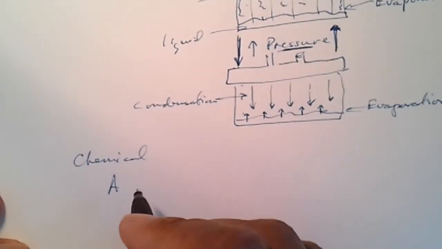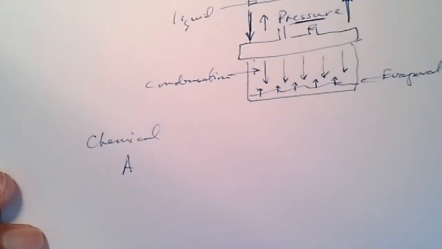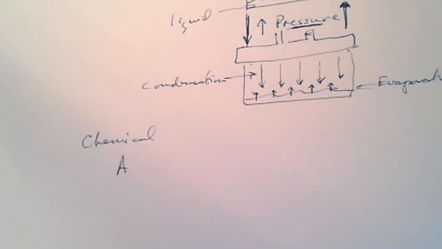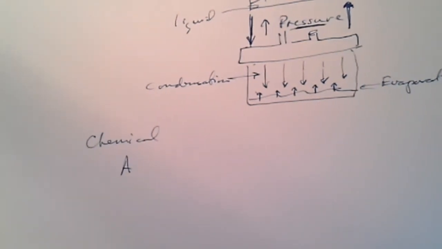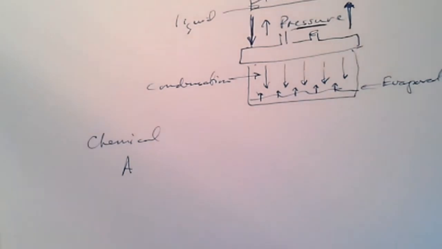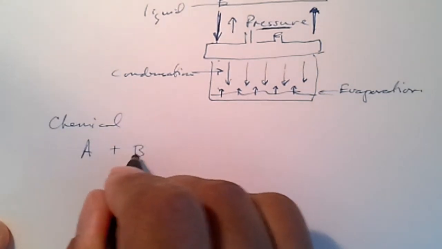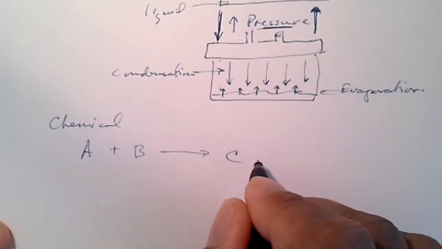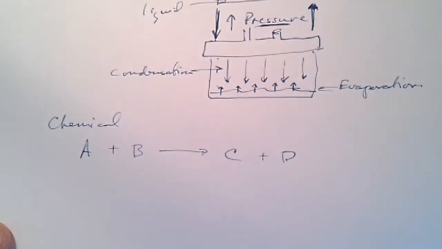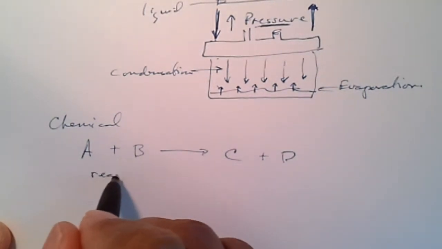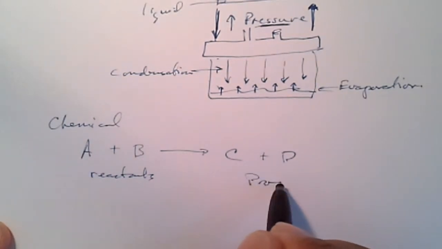If we use a general expression, A plus B goes to the products C plus D. Alright, so these are my reactants, these are my products.